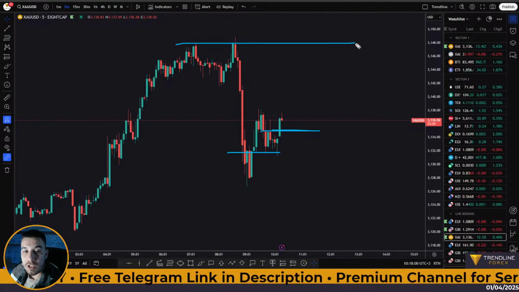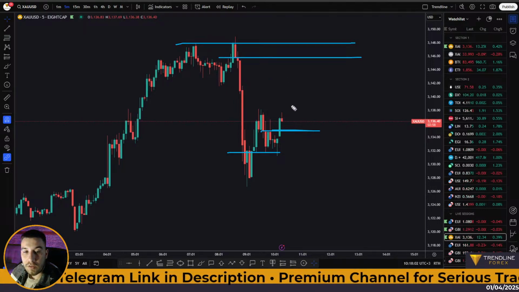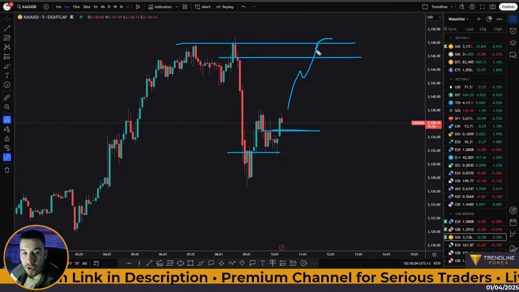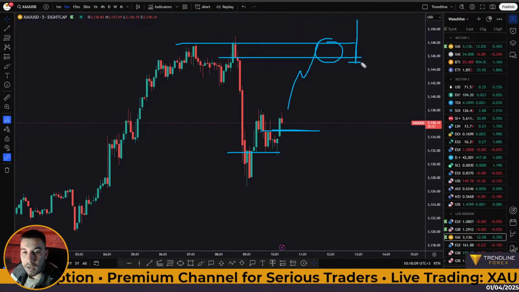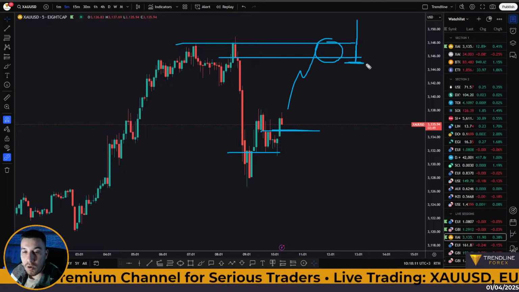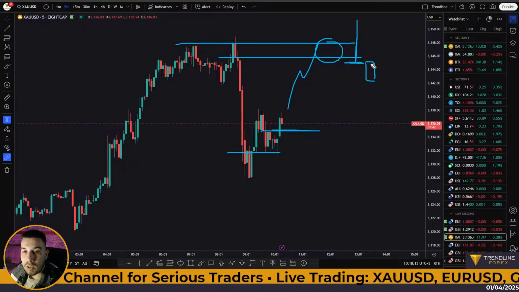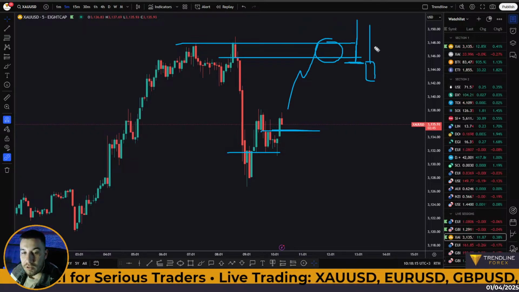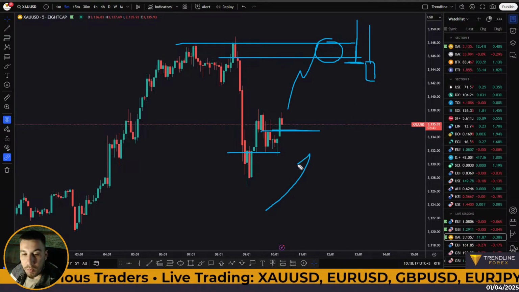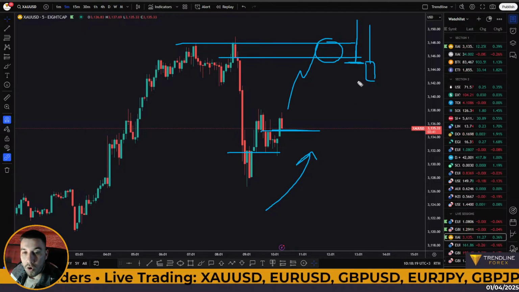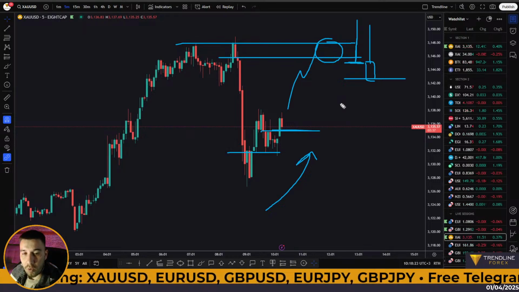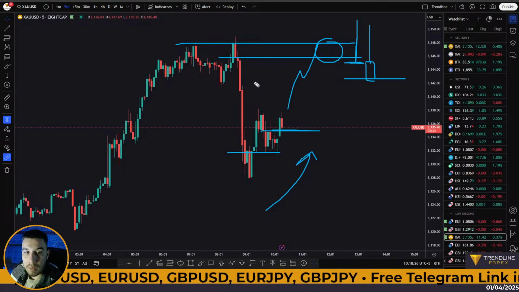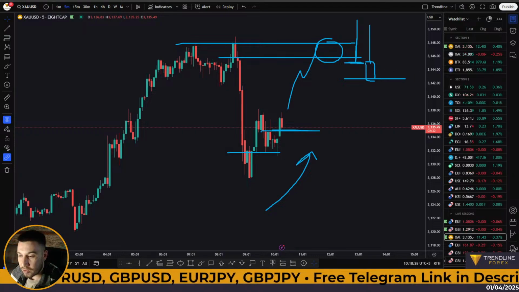As soon as it tests the previous highs right here, and if you see a strong reversal signal, so let's say a long rejection wick to the upside and then price closing down here, or even a bearish candle, and you see those rejections, that means you either move your stops to break even or you close your trade up here, because we never know whether price will actually be able to break above previous structure.